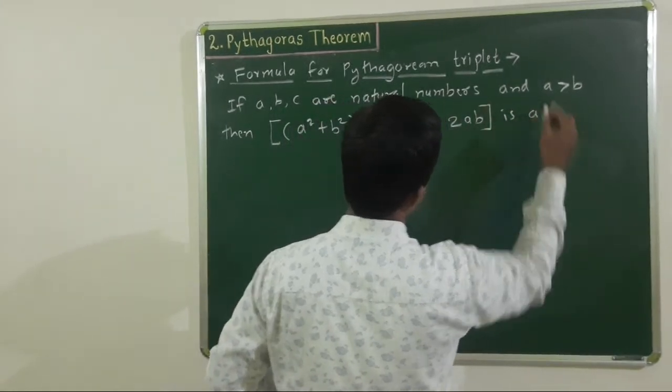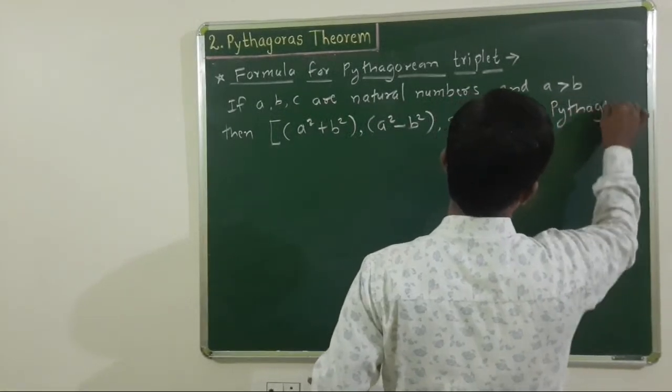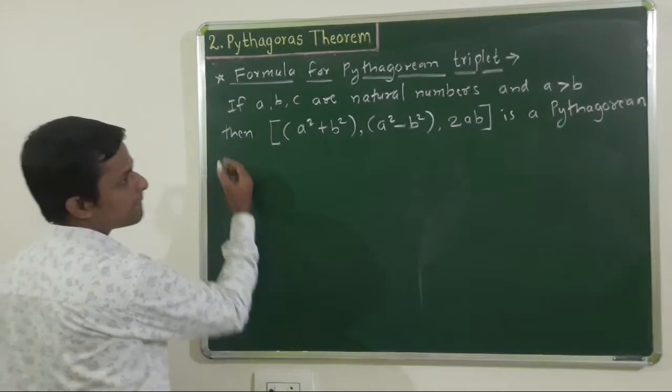These form a Pythagorean triplet, which means they satisfy the Pythagoras theorem.